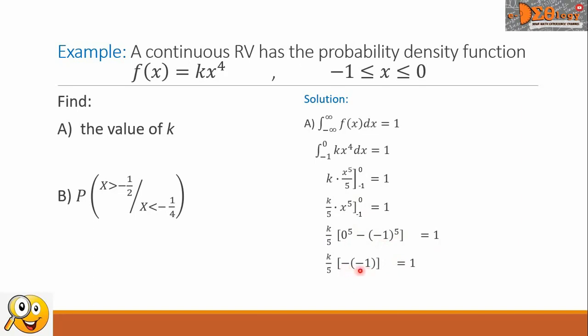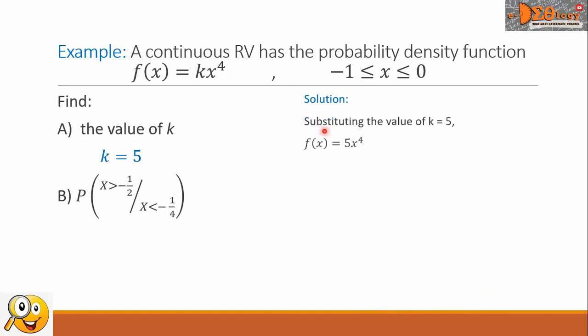And this negative and negative becomes positive. So we may write k over 5 equals 1. We can solve for k here by cross multiplying this 5 to the right side. So we have k equals 5. We are able to solve letter A. The value of k equals 5.